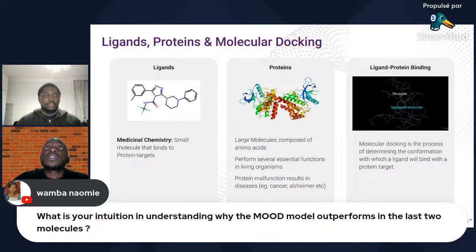Actually, what I meant was not that they have more parameters. It was the fact that their design has a reward function that encourages it to sample out of distribution. That's what the mood stands for, molecular out of distribution.